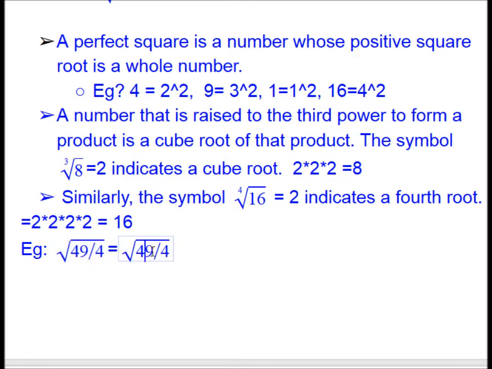We can also write this as 7 multiplied by 7, which is 49, and for 4 we can write 2 multiplied by 2. The square root of 7 multiplied by 7 is 7, and square root of 2 multiplied by 2 is 2. So the answer will be 7 by 2.